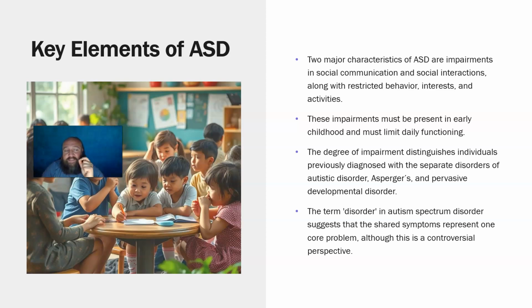The degree of impairment distinguishes individuals previously diagnosed with the separate disorders of autistic disorder, Asperger's, and pervasive developmental disorder. I'll talk about this a couple more times, but remember, after watching the video that I did about the history of autism, that all those historical subtypes of autism, like pervasive developmental disorder, Kanner's type autism, there's a bunch of them, aren't really actual diagnostic disorders anymore.